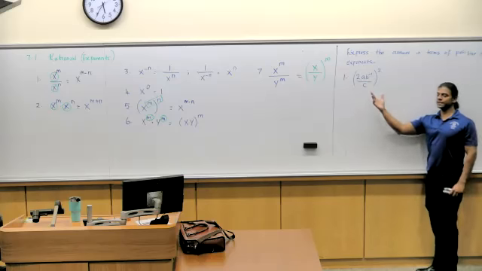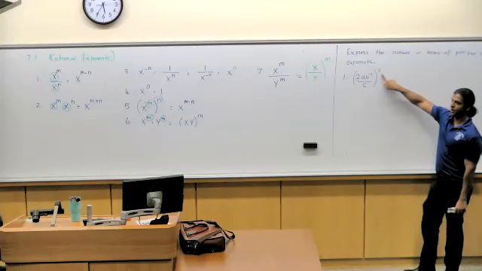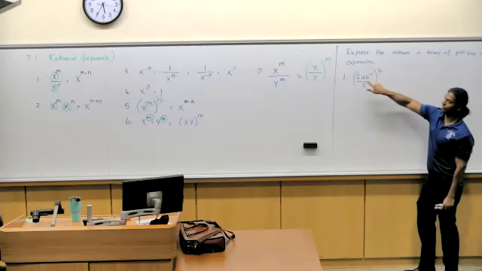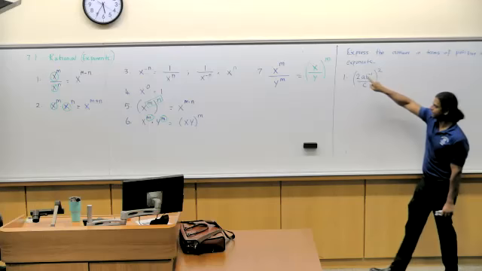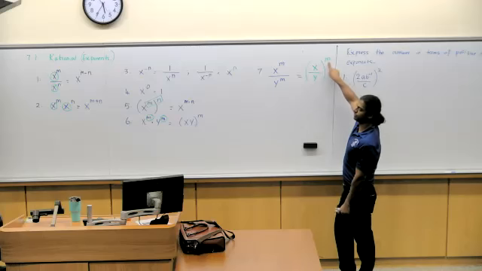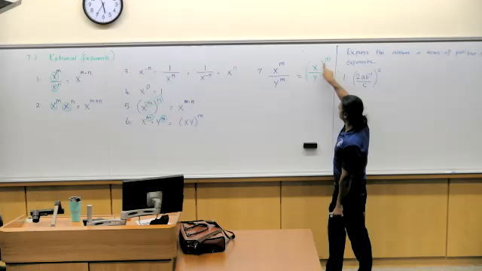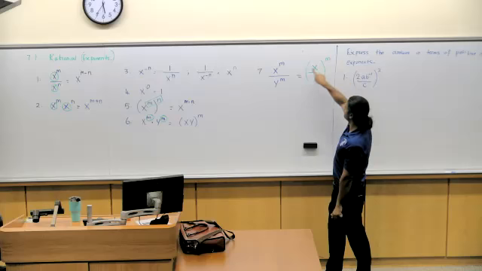When we have something like this, we can apply that power to each of the terms inside the parentheses, just like property number 7, where I have a common power, so I apply it to x and to y.